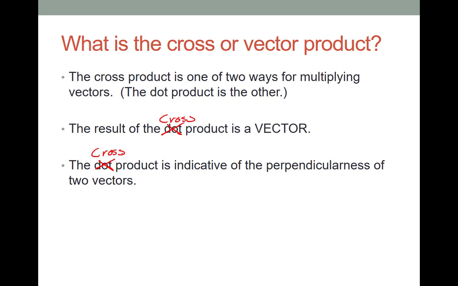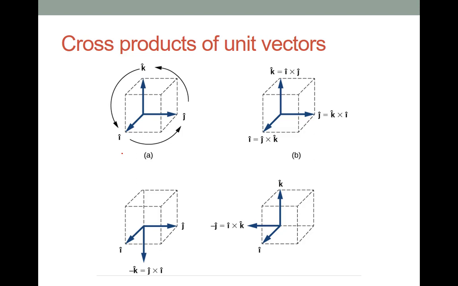In order to be able to do cross products, the first thing we have to learn is what happens with our unit vectors. Okay. So with unit vectors, there's this lovely schematic which I found in your book, that i cross j gives us k, and j cross k gives us i, and it's this cyclical picture.